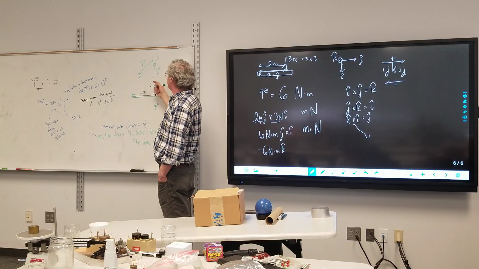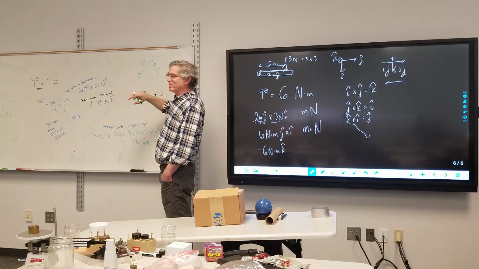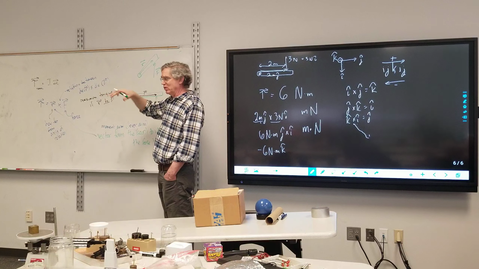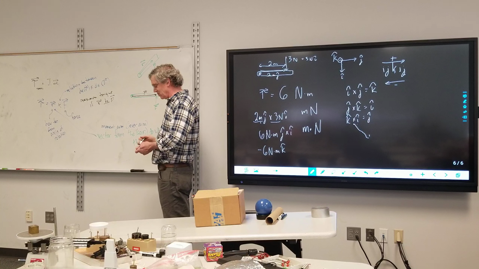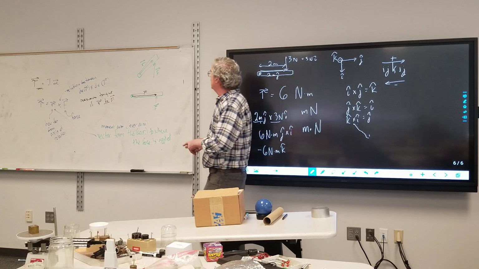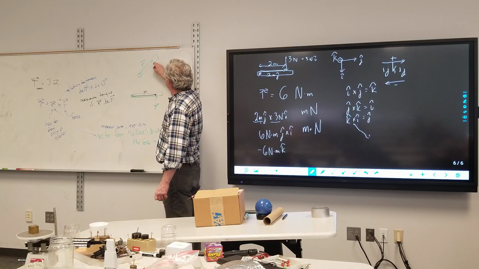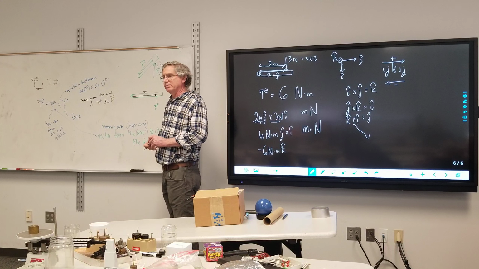Then what I need to do is figure out how much of the force is perpendicular, how much of the force is parallel. Because the parallel part's not doing anything to get it to turn. It's only the part that's perpendicular that gets it to turn. So we break force up into its parts. That's the part that you would actually multiply.